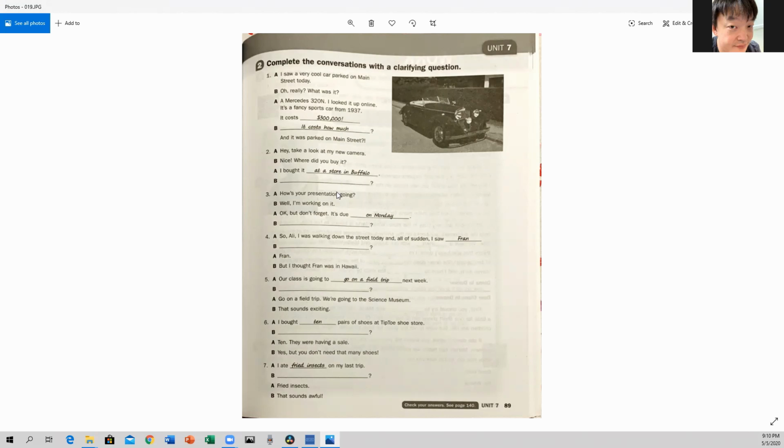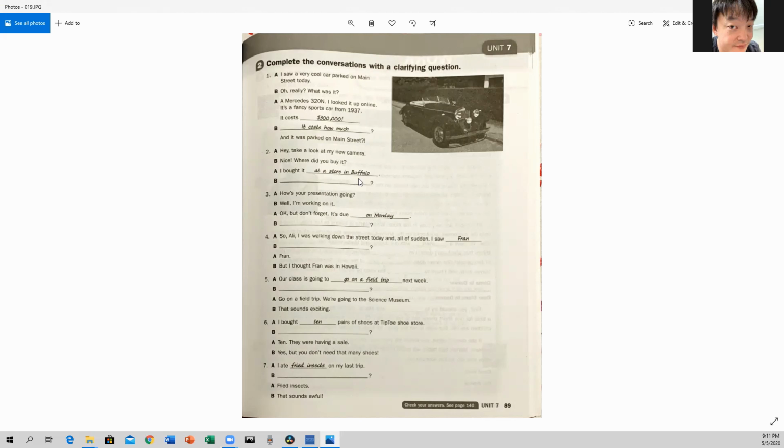The information is already here; we just have to complete with clarifying questions. We have 7 conversations. We read them and then complete with a clarifying question, okay? I don't think it's difficult, but what you can do is pause the video now, try to do this exercise on your own, and later come back for the correction.